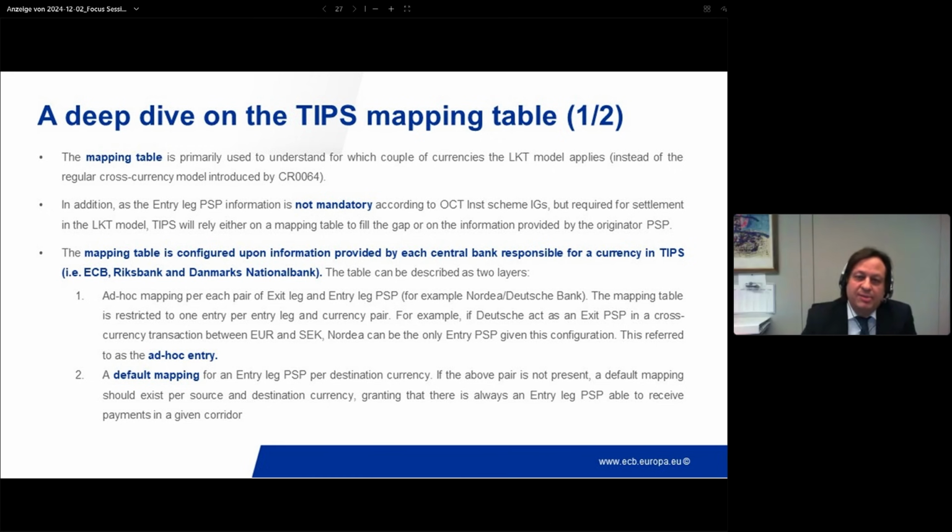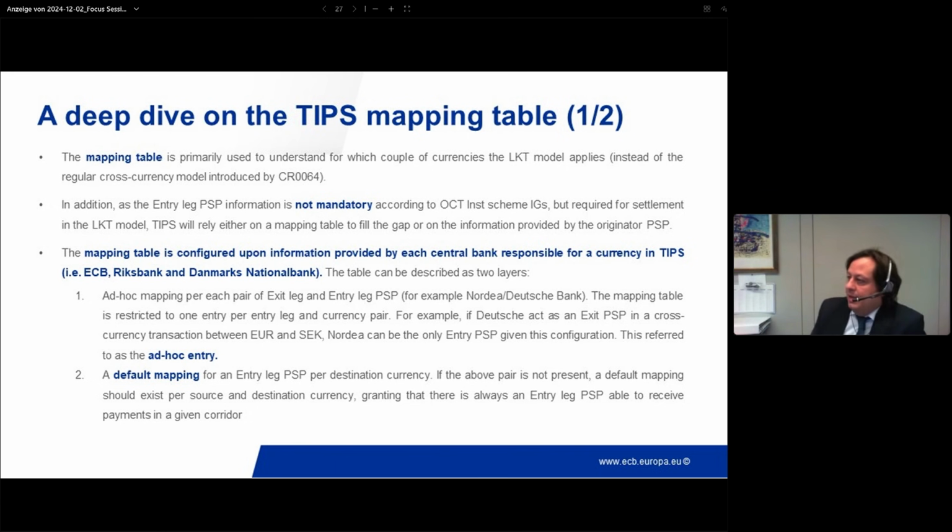function into a specific component within TIPS, and this is especially working very fast for the TIPS hosted currency, but nothing prevents to reuse the same component also for the interlinking between TIPS and other systems.